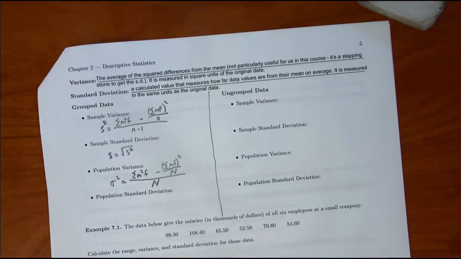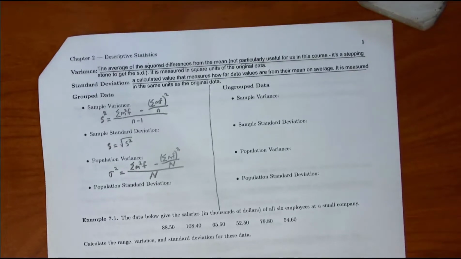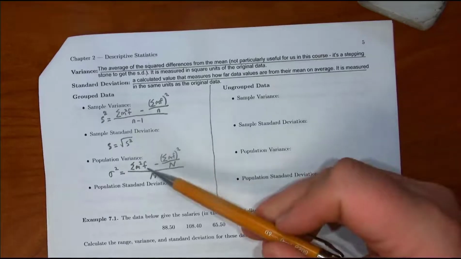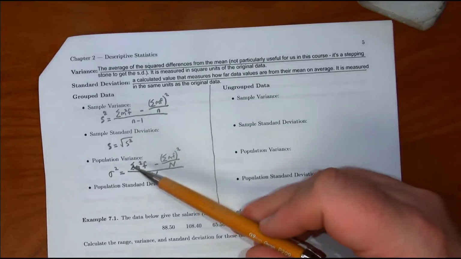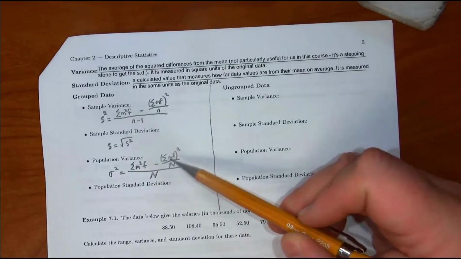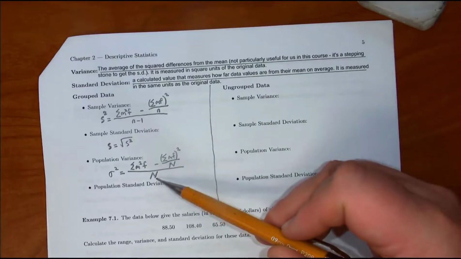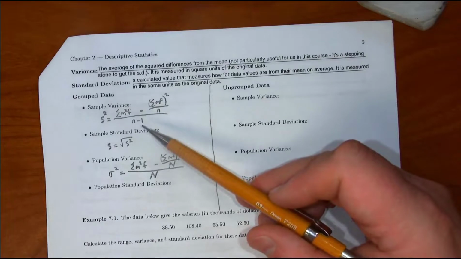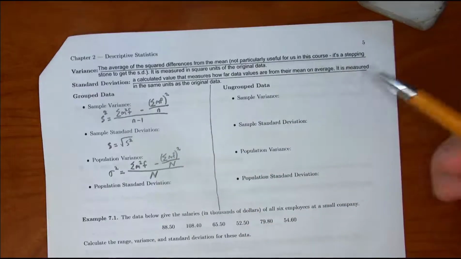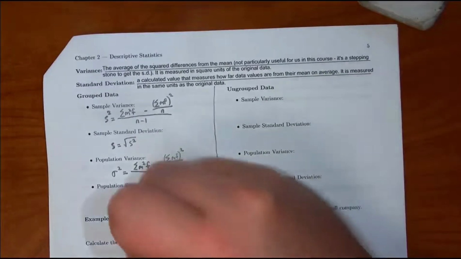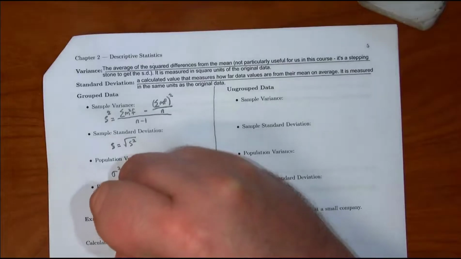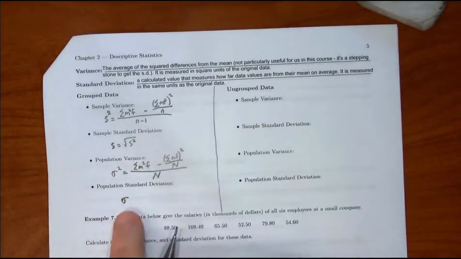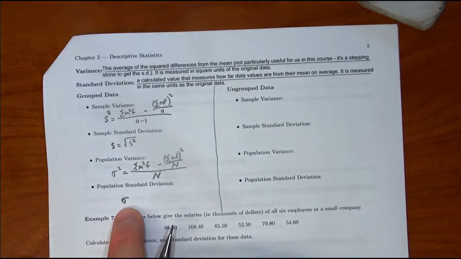Okay? So population variance, we have the same basic numerator, but the denominator is a plain capital N instead of n minus 1. But here's the nice thing. If you want to calculate standard deviation, the standard deviation for a population has the symbol sigma, lowercase sigma.